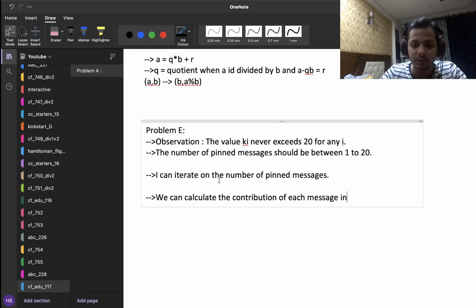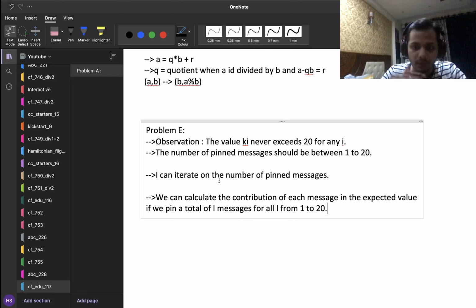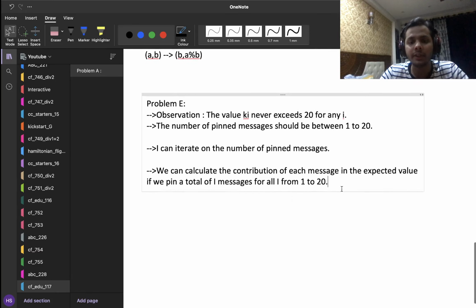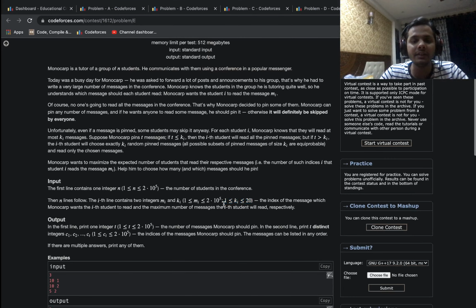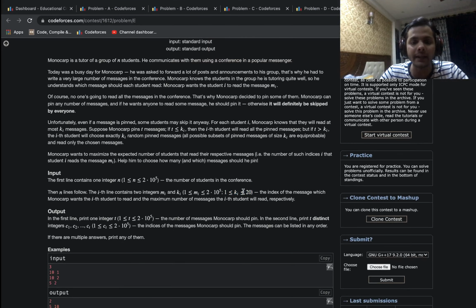Of each message in the expected value if we pin a total of i messages, for all i from 1 to 20. And it turns out that we can pretty easily calculate this contribution, and that is because let's say we are at a student i and we receive these two values, that is mi and ki.